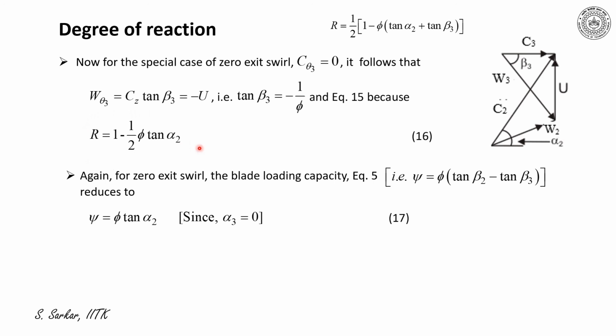When c3 becomes axial, for zero exit swirl, the blade loading capacity becomes, from equation 5, psi is equal to phi into tan alpha 2, since here alpha 3 becomes 0. Thus, for axial outlet velocity, r becomes 1 minus half phi into tan alpha 2, and psi is equal to phi into tan alpha 2.